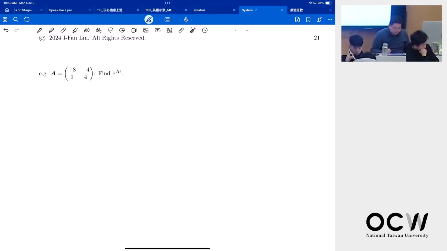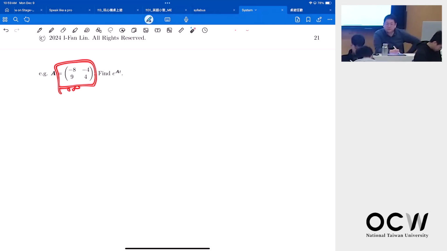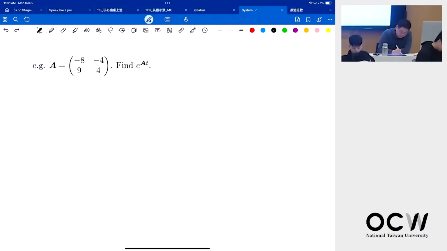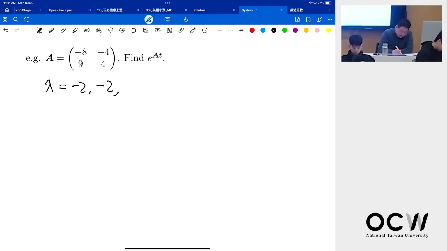So first, for this matrix, please give me the eigenvalues and also the eigenvectors. What are the eigenvalues and eigenvectors? I have a repeated eigenvalue actually, -2, -2. So first, let's see what the eigenvector is.